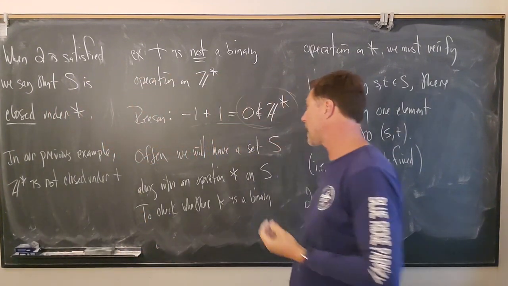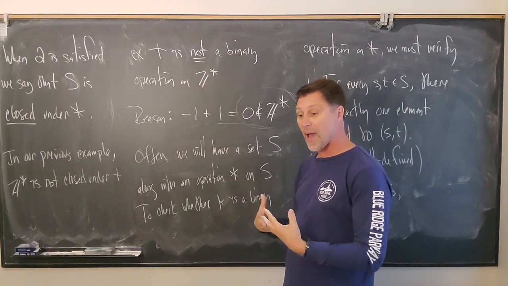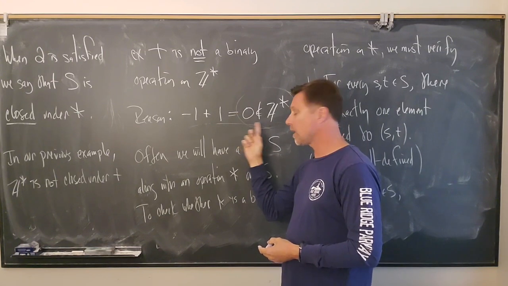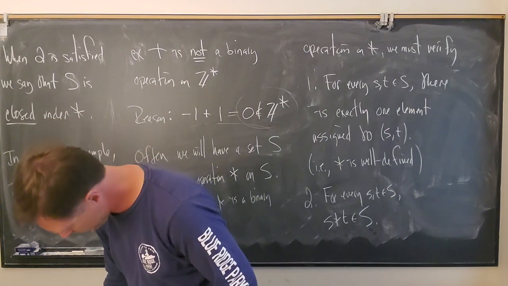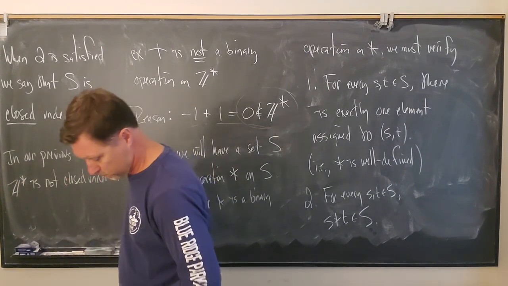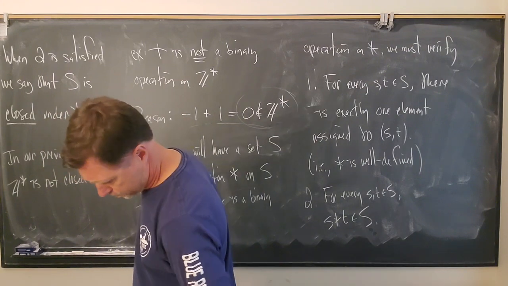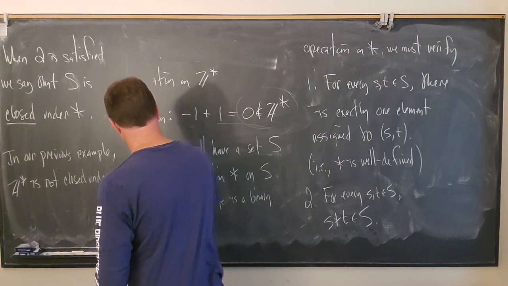Why is that? Because there exist elements in Z star so that when you add them together, the resulting sum is not in Z star. So let's look at some more examples now.